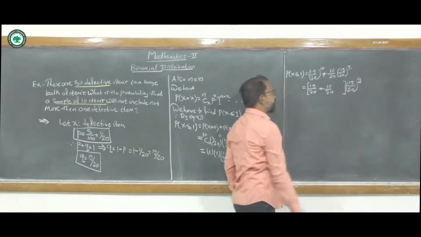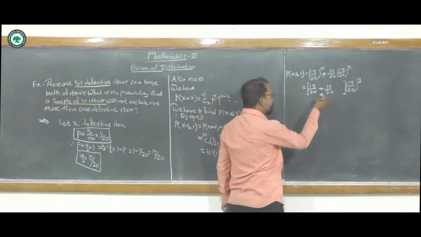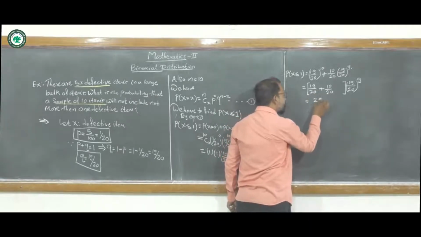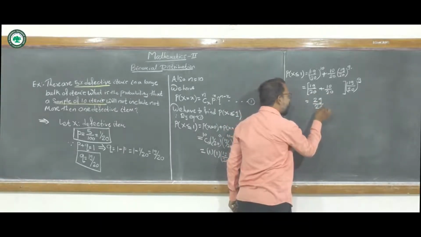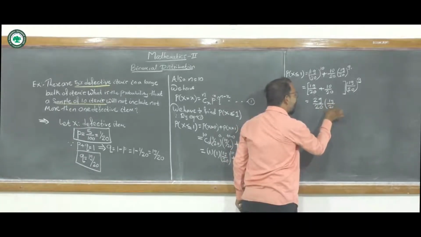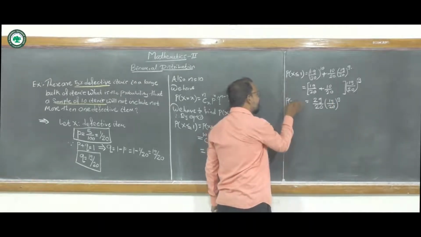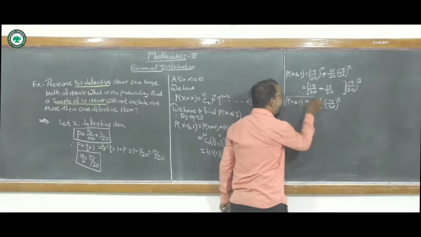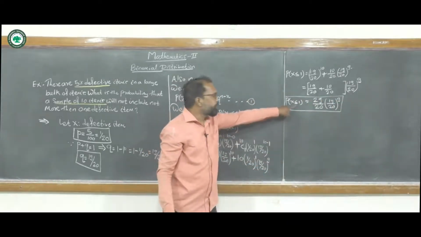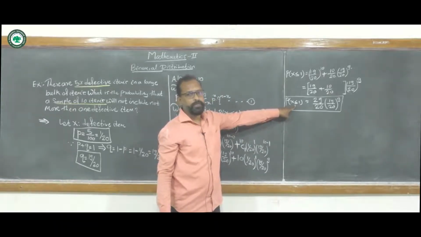Now this addition becomes 29 upon 20 into 19 upon 20 raised to 9. This is the required probability that not more than one defective atom is selected.